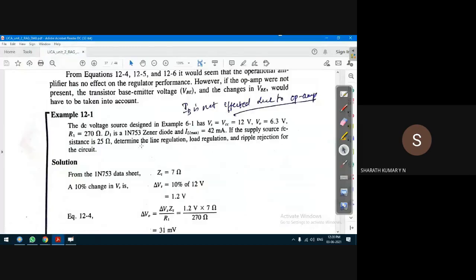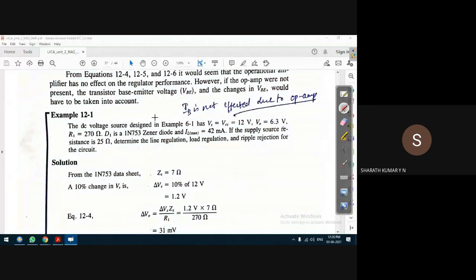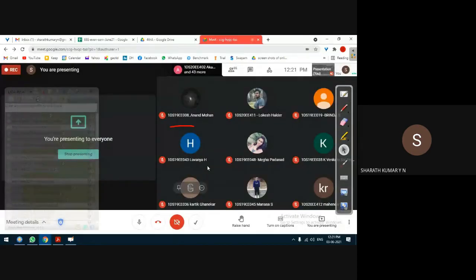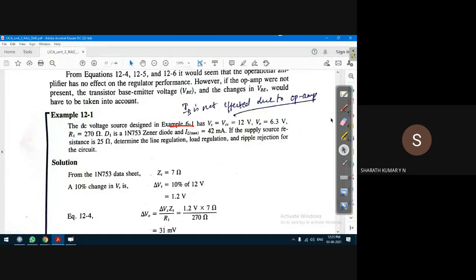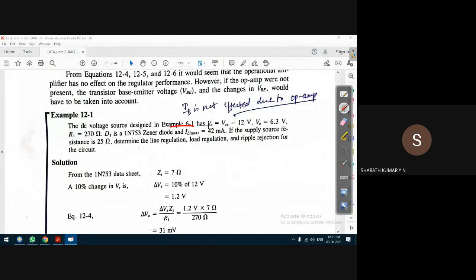So, design of a DC voltage regulator. The DC voltage source from the earlier example. These are the given values. From the earlier example, the value of Vs is 12 volts.